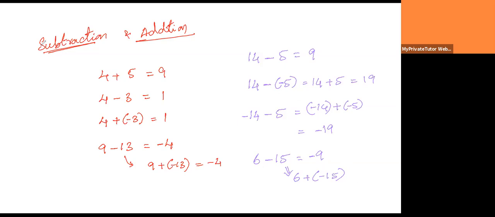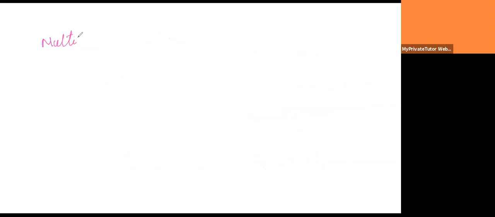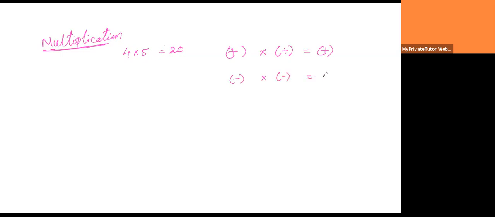Okay. So what about multiplication? In multiplication, normally you learn what is 4 times 5. But here we are going to learn using signs. Okay. If you multiply two positive numbers, we'll get the answer as positive. If you are multiplying two negative numbers, we'll get the answer as positive.